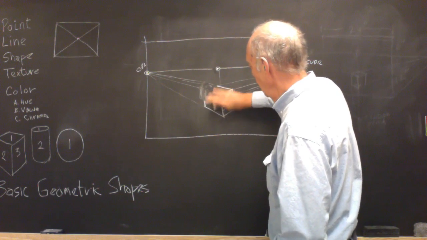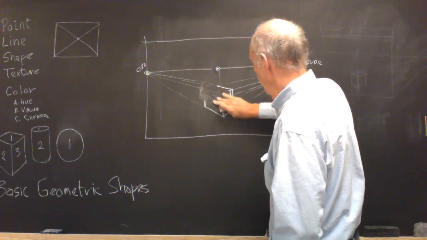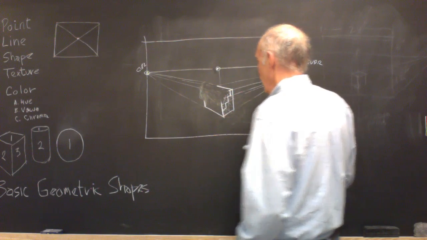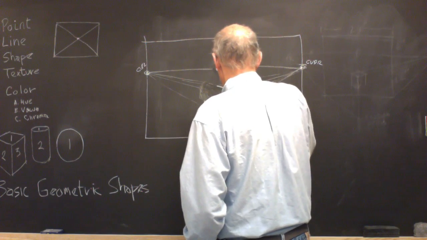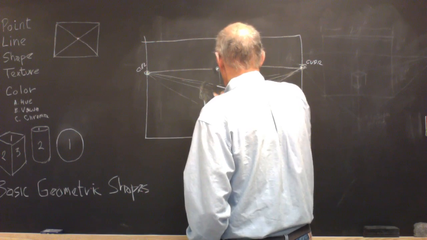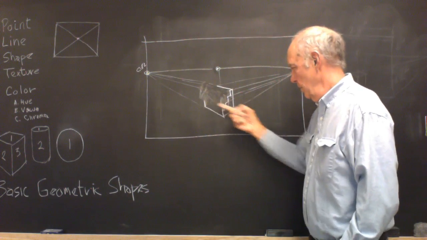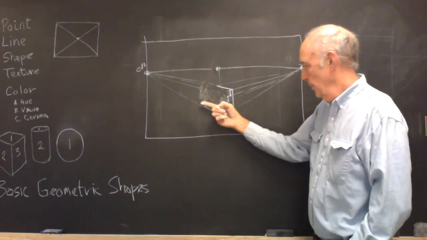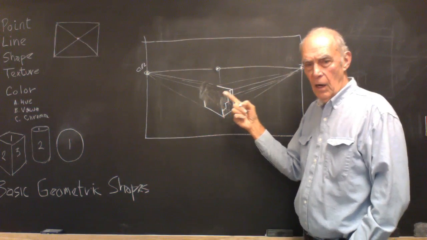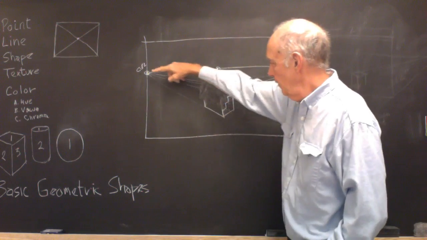So I no longer want that. Now all the lines on this side of the block are going to be going to that vanishing point over there.